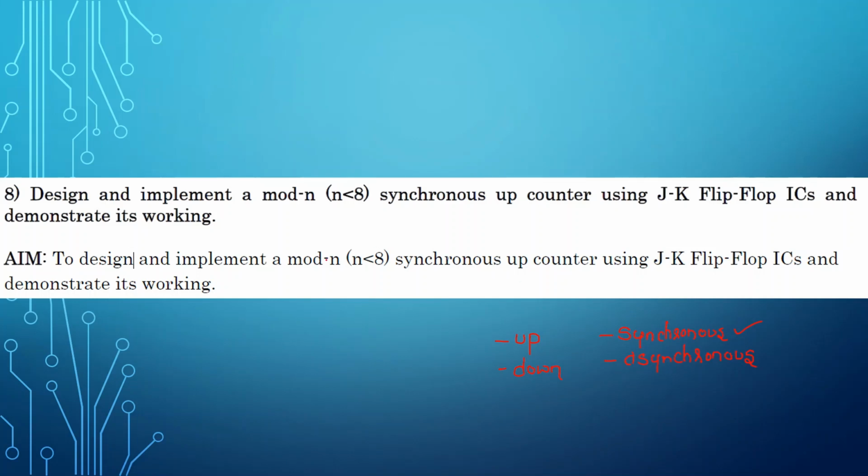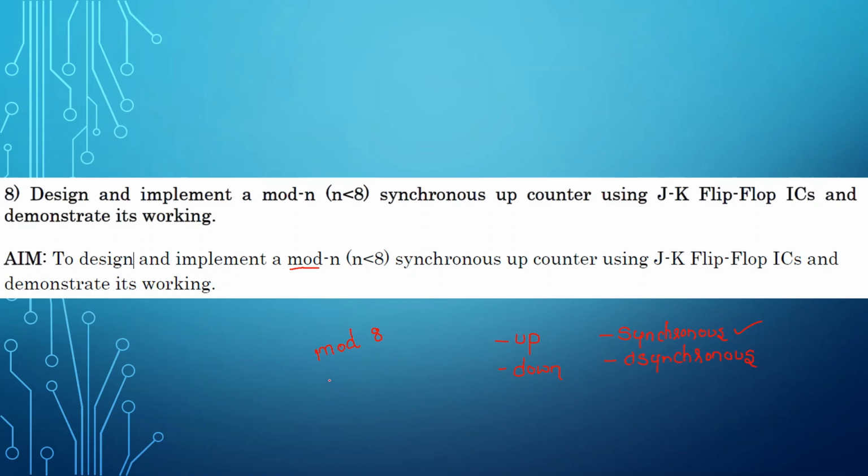Speaking about the word mod, this stands for the maximum count to which the counter can count. For example, here it is given as mod n where n is less than 8. Let's say I am going to design a mod 8 counter.